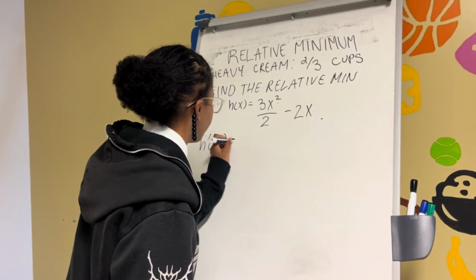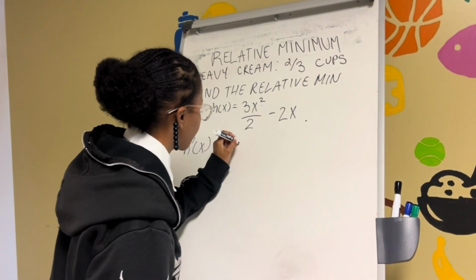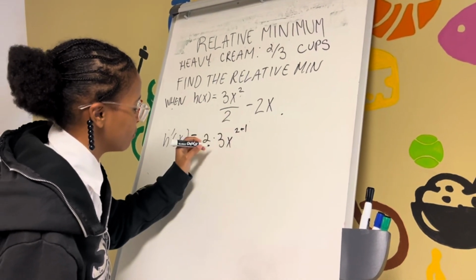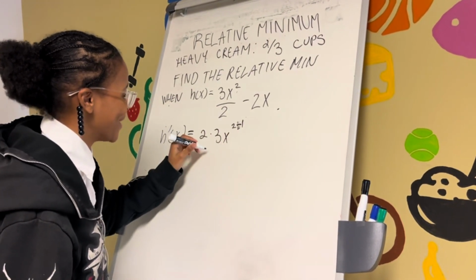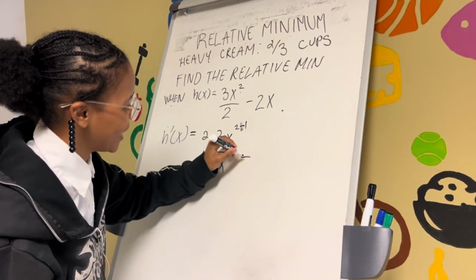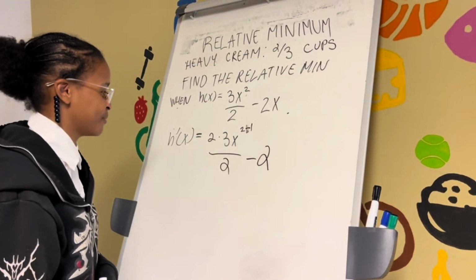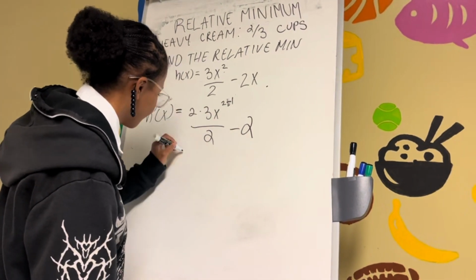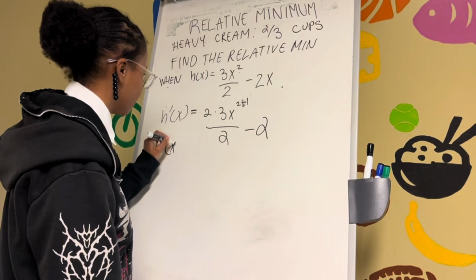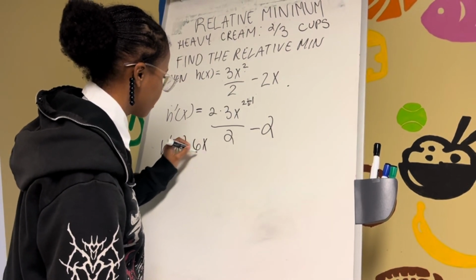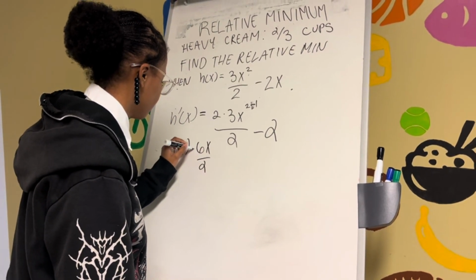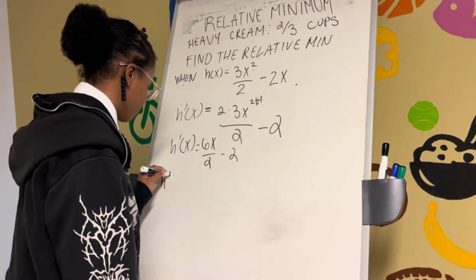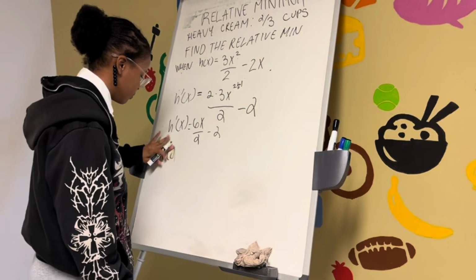So h prime of x will give you 2 times 3x squared minus 1 over 2 minus 2, since the x is gone now. H prime of x will give you 6x over 2 minus 2, and then after you find that, you set h prime of x equal to 0.